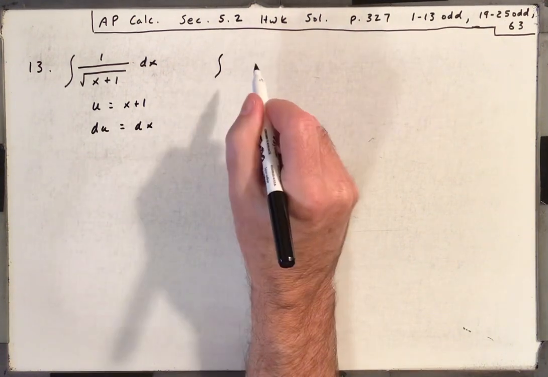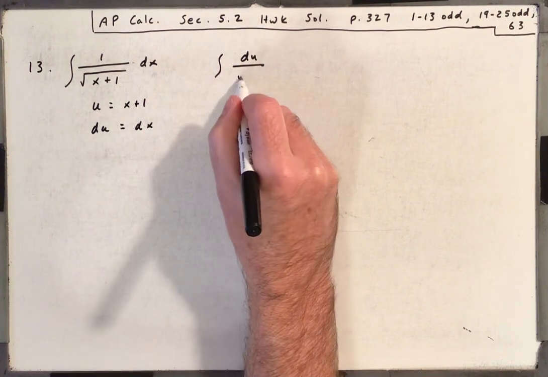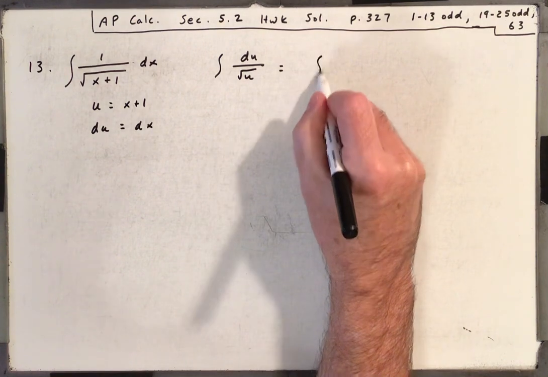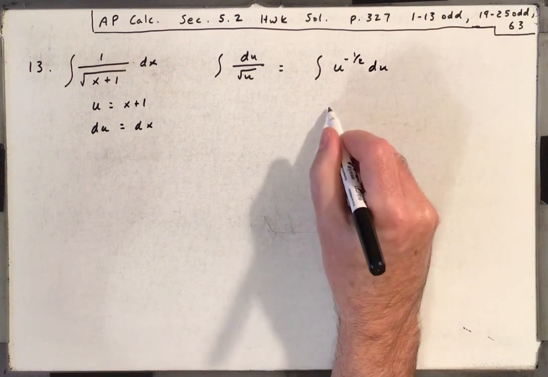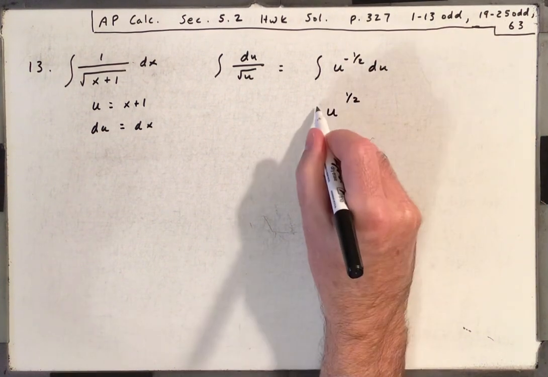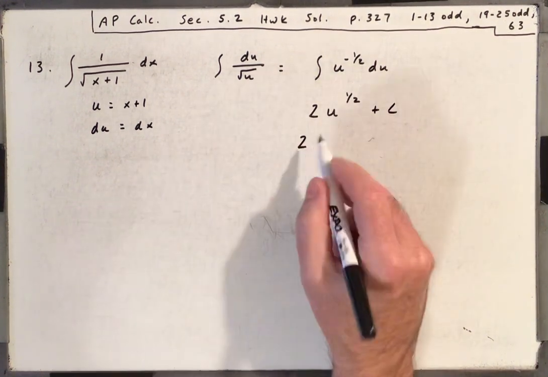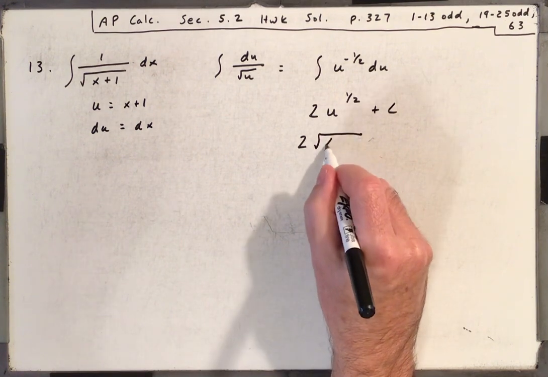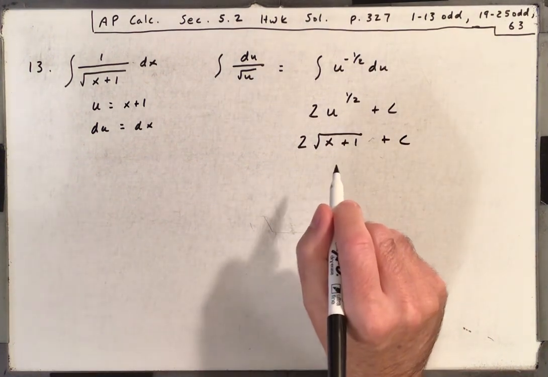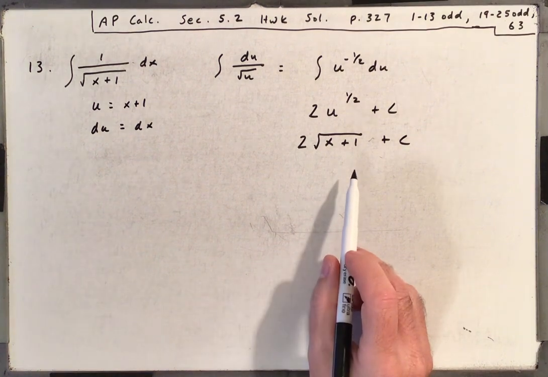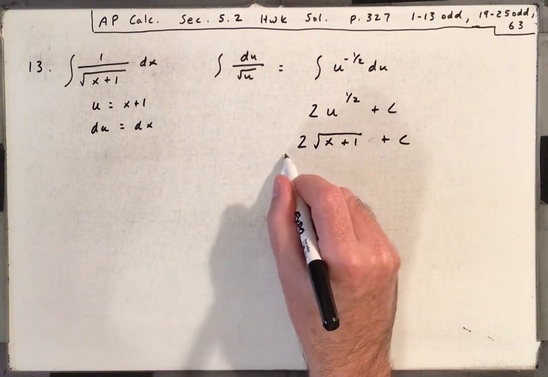We can rewrite this integral as du, because that's all you have on top is dx, over the square root of u, which would be the same as u to the minus 1/2 du. That's going to be add 1, that's u to the 1/2, but we need a 2 out front, plus c. So inserting u back in and putting it in radical form, it would be 2 times the square root of x plus 1 plus c. So there's no natural log involved at all here, and if you want to check that by taking the derivative, it will work and get you back to 1 over the square root of x plus 1.